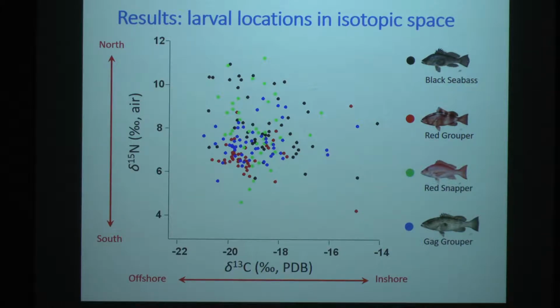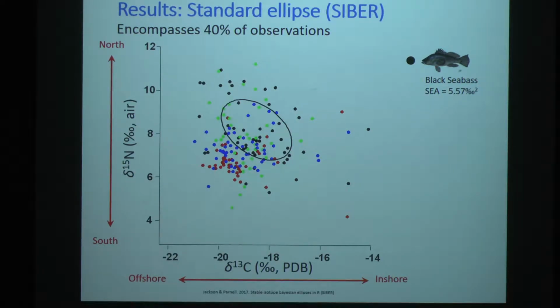Here's the data for all 4 species. Generally, they use pretty similar habitats. They're all basically living on the West Florida shelf. Okay, great. So the next thing that I did to parse this data was use a statistical package created for R called SIBER, which stands for Stable Isotope Bayesian Ellipses in R. Essentially what it does is create a standard ellipse around the data encompassing the central 40% of those data points.